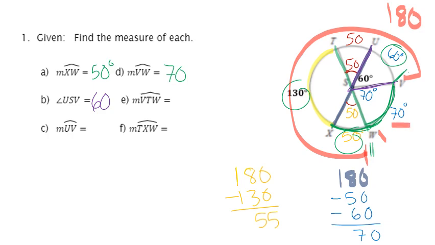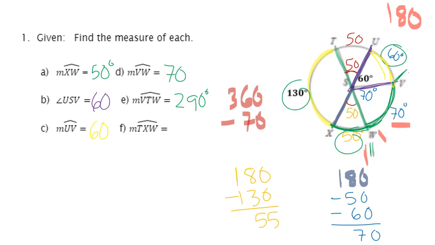So I can subtract 70 from 360, or I can add them up. And we're going to get that to be 290. The next one is UV. UV I can see is 60. And then finally the last one we have is TXW. And we can see that's going to be a semicircle of 180.